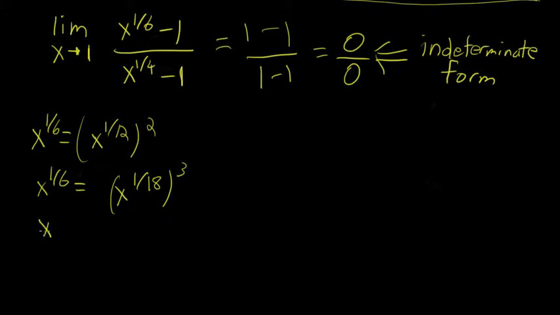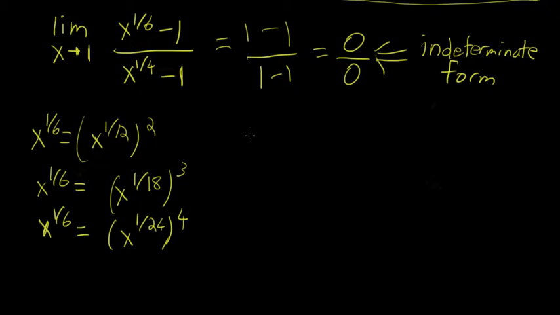It can also be rewritten as x to the 1/24 raised to the power of 4. Because remember, when you take something that's raised to a power and raise that entire quantity to another power, that's in effect multiplying the power that you first raised it to by the power that you're raising everything to. So 2 times 1/12 is 1/6. 3 times 1/18 is also 1/6. But so is 4 times 1/24.